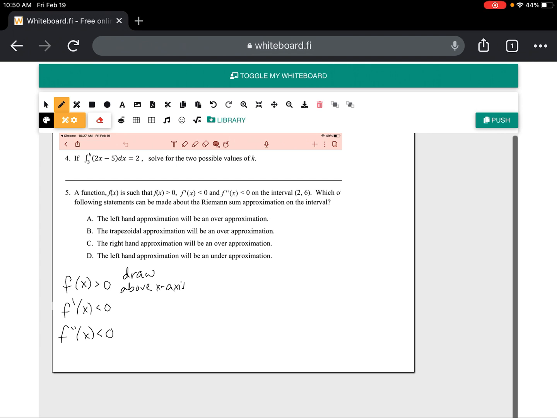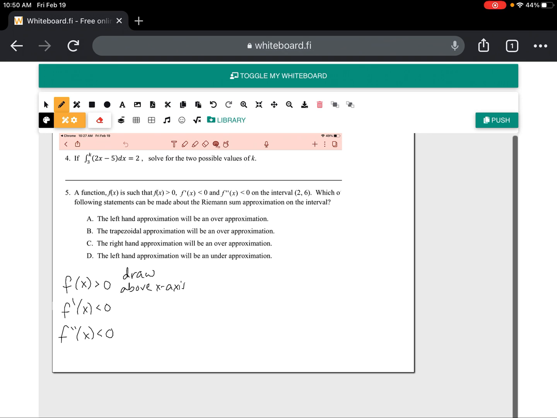Second part, if f prime of x is negative, what does that mean for f? If f prime is negative, tell me about f. So f prime is slopes, right?